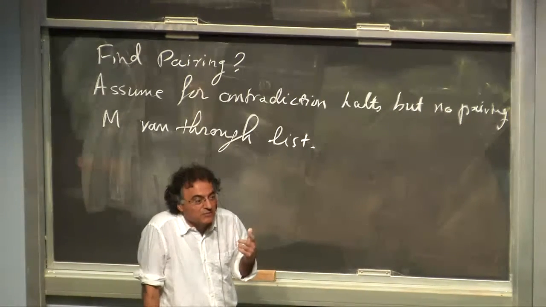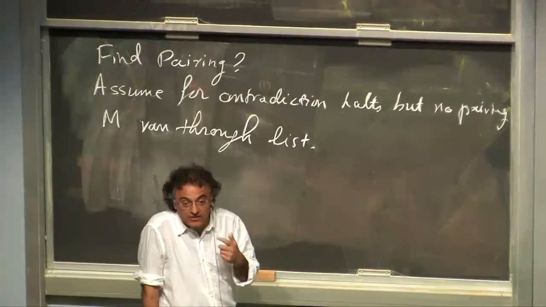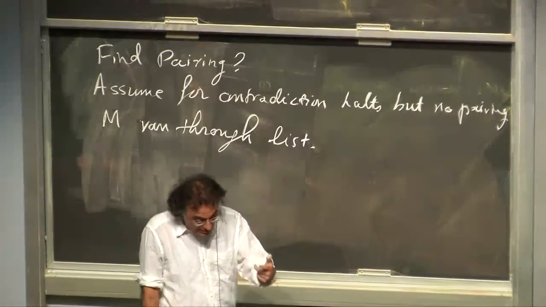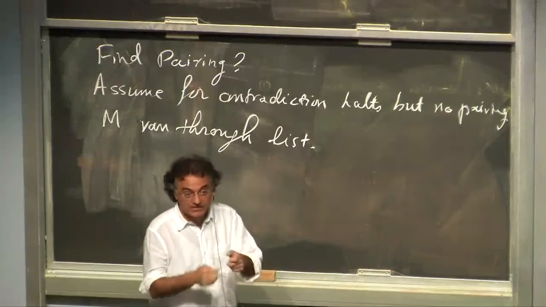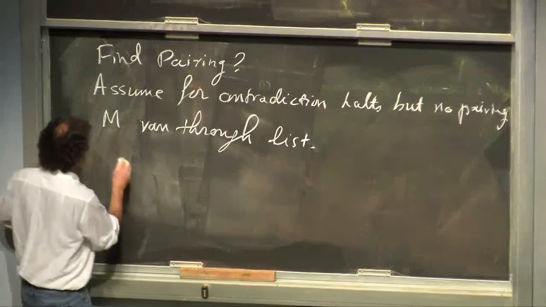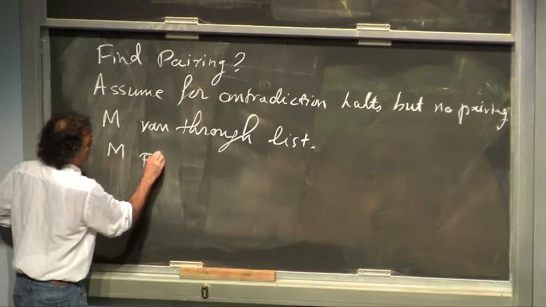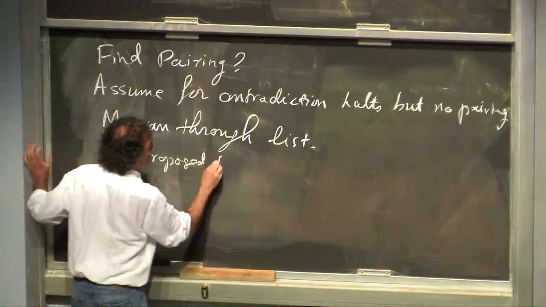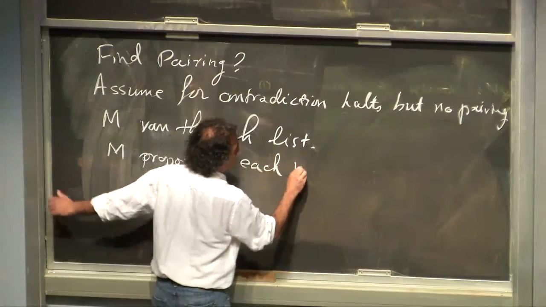But what does this mean? Well, it means that each day he went out and proposed to a different woman on his list. Each one of them, because everybody was on the list. So M proposed to each woman.